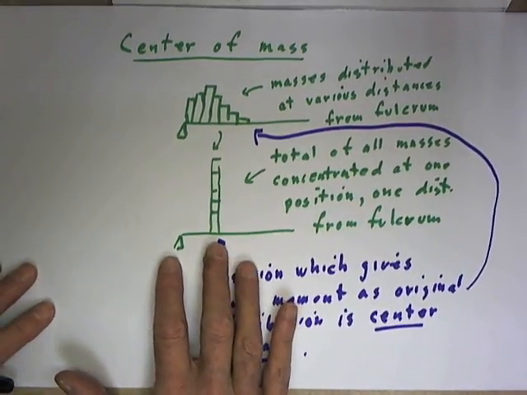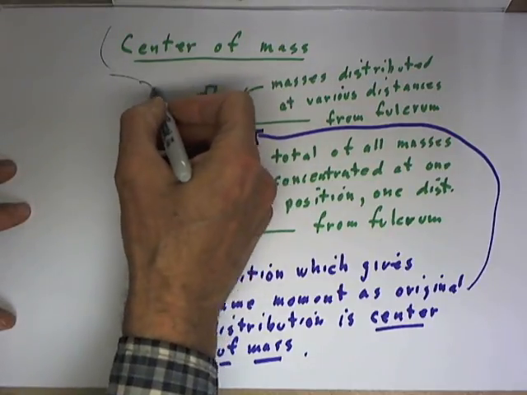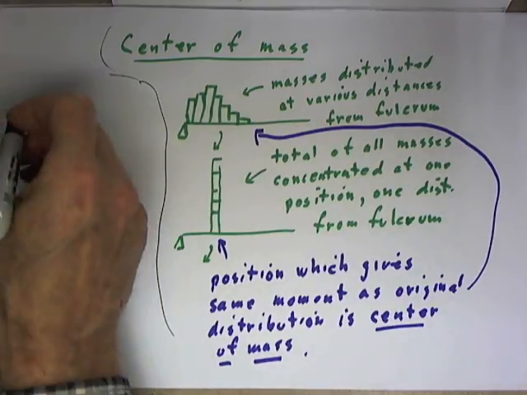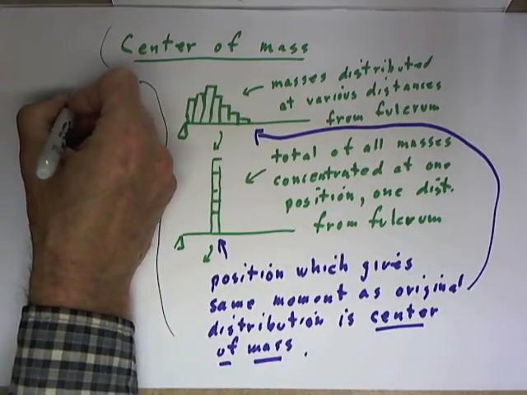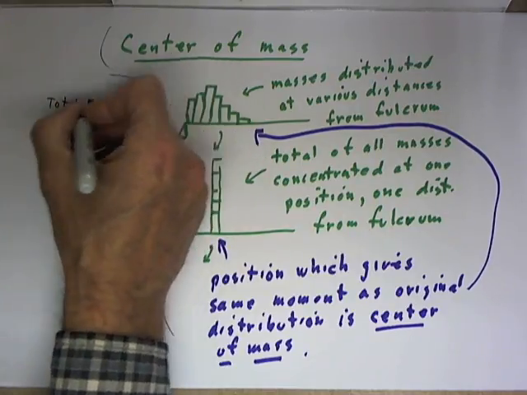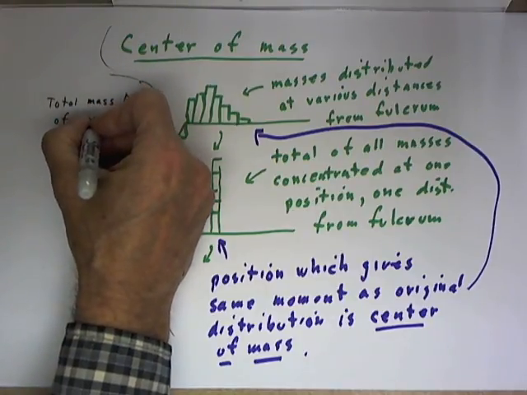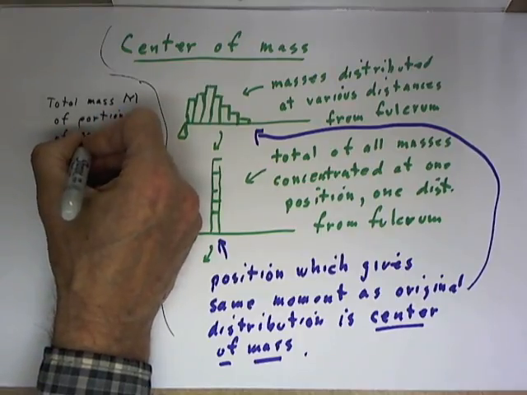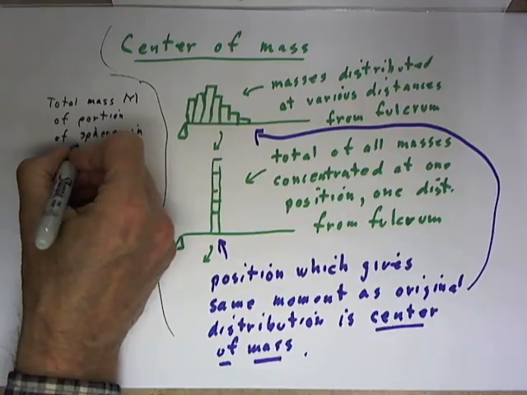Now, in our previous example, the example we just finished in the last clip, we found the total mass of our portion of the sphere in the first octant.